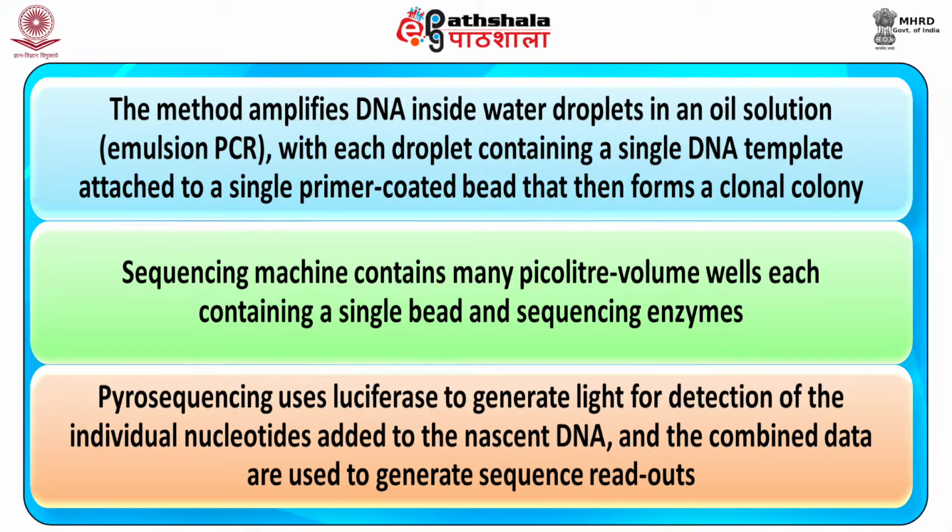The sequencing machine contains many picoliter volume wells, each containing a single bead and sequencing enzyme. Pyrosequencing uses luciferase to generate light for detection of individual nucleotides added to nascent DNA, and the combined data are used to generate sequence readouts.